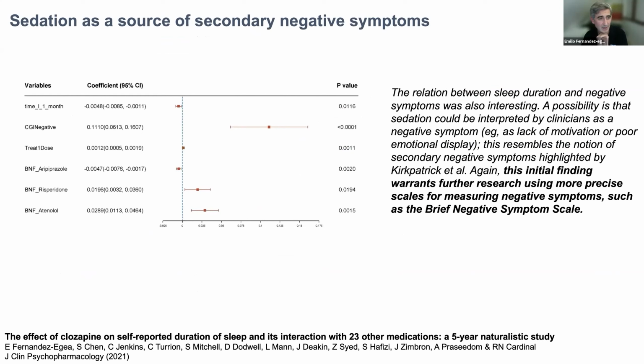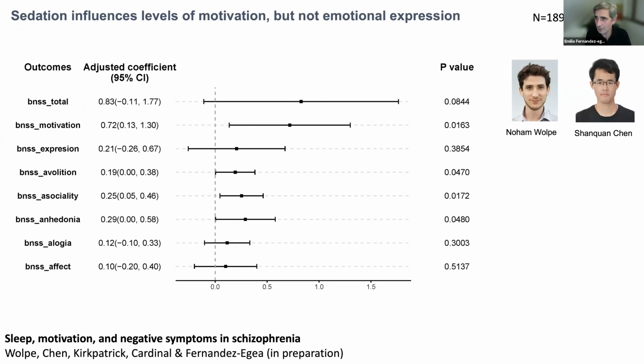The problem at that time is that we had only one measure, the CGI for negative symptoms. For those of you perhaps not aware, that's only one symptom or one scale, one score, and perhaps it's not the most efficient way to assess that. So with Noam and with Shankwan, we have started to take a different approach using the BNSS, which is far richer in the way it assesses the negative symptoms.